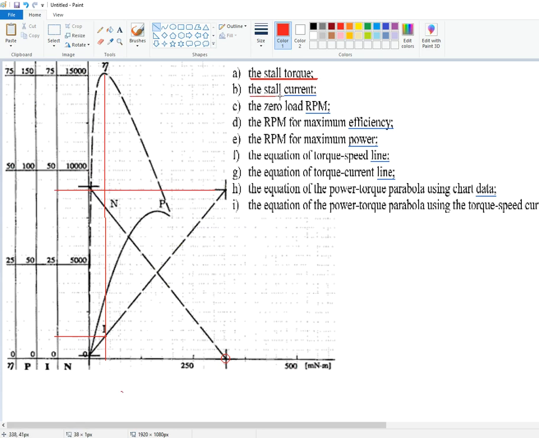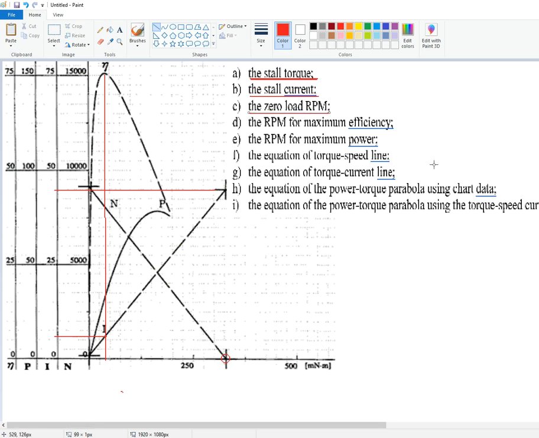Okay, so we have the stall current figured out, around 40 amps. The zero load RPM: you look at this curve. This is the torque-speed curve, and we have 10,000 RPM. Might be 8,000 RPM, like right here.